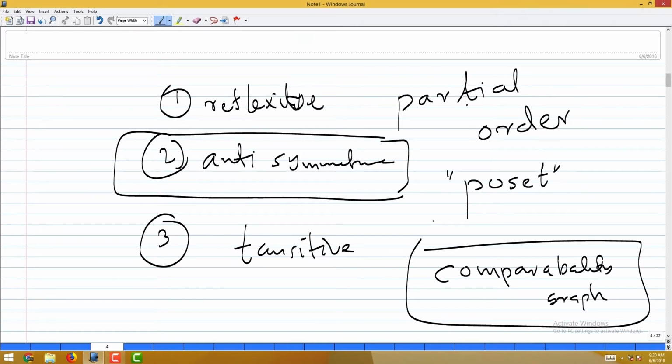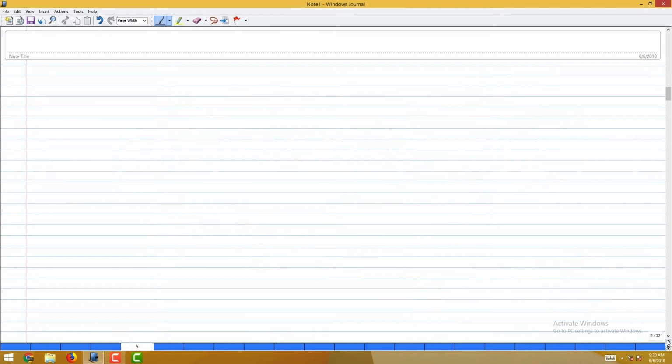This is how you define a comparability graph: a graph obtained from some partial order by discarding the directions, the underlying undirected graph. We can discard the self loops also, that is unimportant, self loops are of no use.